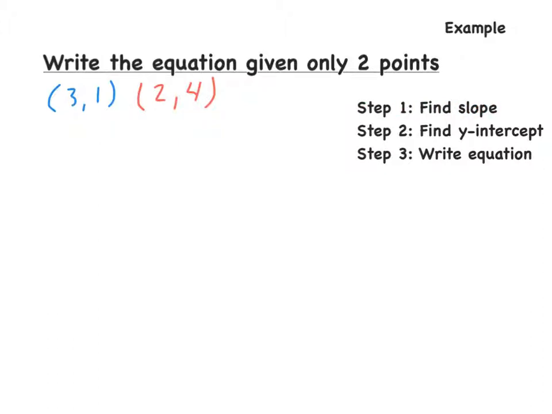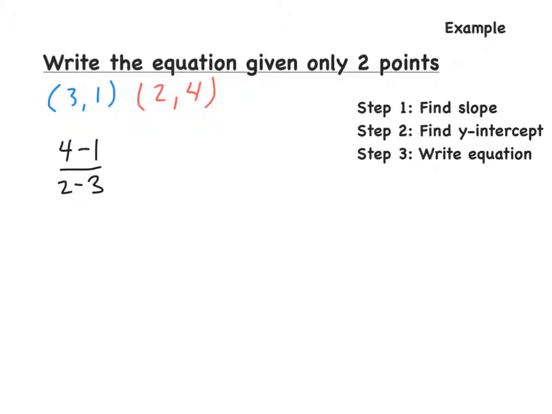Remember, when we have y equals mx plus b, we have to have the slope and we have to have the y-intercept. Since they didn't give us the slope, we have to find the slope of these 2 points. If we set it up, 4 minus 1 over 2 minus 3.